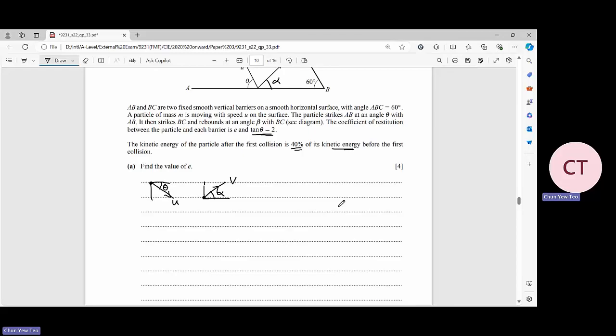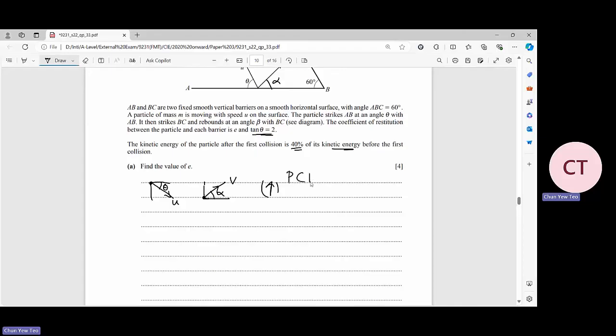Okay, then from here, we can use the conservation of linear momentum, the principle of linear momentum, involving the vertical part.